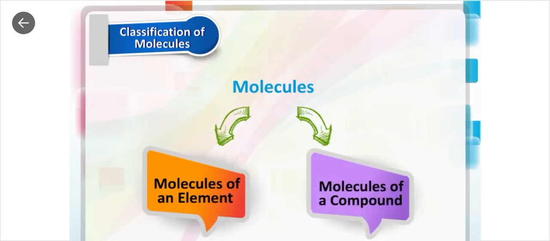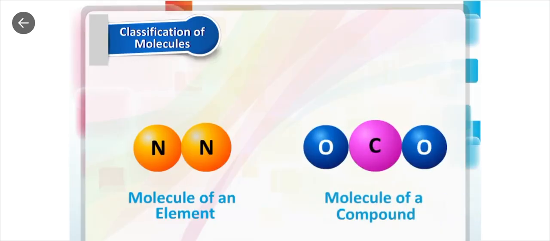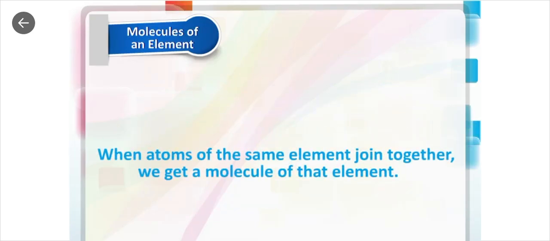Molecules are of two types: molecules of an element and molecules of a compound. Molecules of an element are different from molecules of a compound. When atoms of the same element join together, we get a molecule of that element.